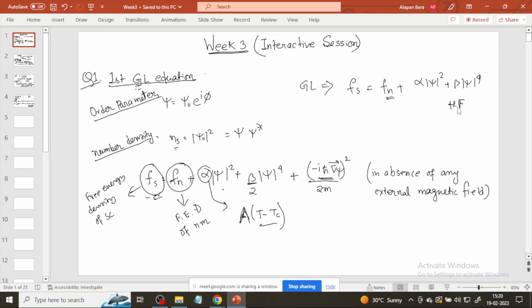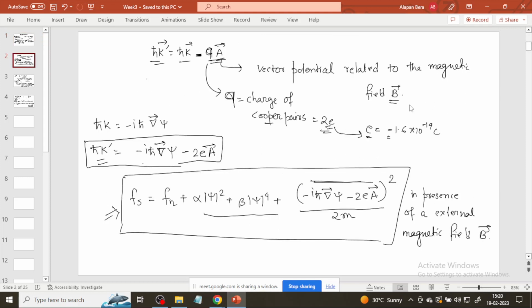Okay, so we are keeping the kinetic energy term here, and then we are applying some external magnetic field. In the presence of this magnetic field, the kinetic energy h cut k, the momentum of the electrons or the Cooper pairs, you can say, basically modifies to this term.